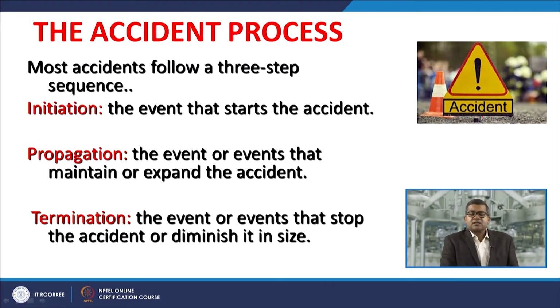Now these two things are related with the three-step accidental process. The first thing is initiation, the event that starts the accident; propagation, the event or events that maintain or expand the accident; and termination, the event or events that stop the accident or diminish it in size.